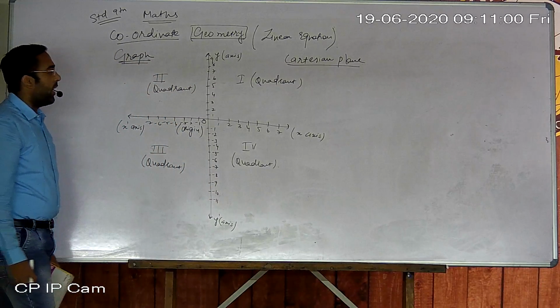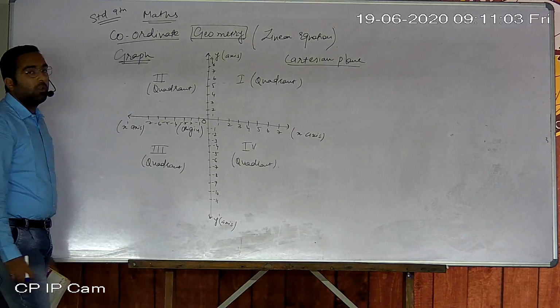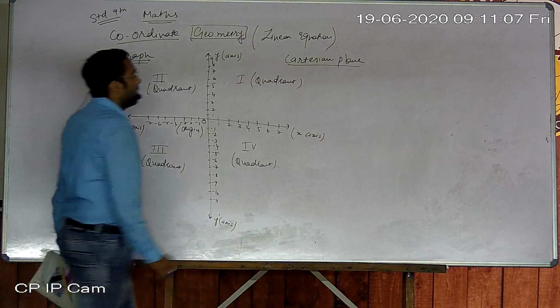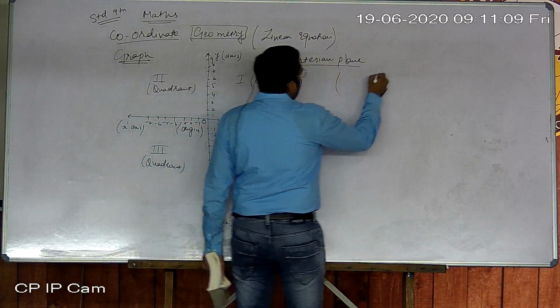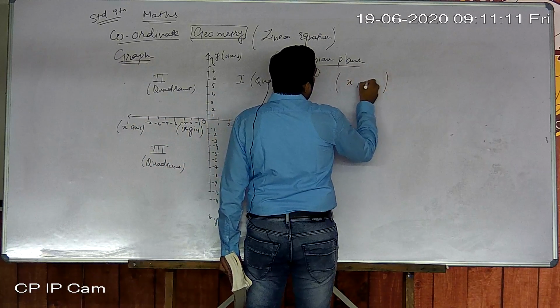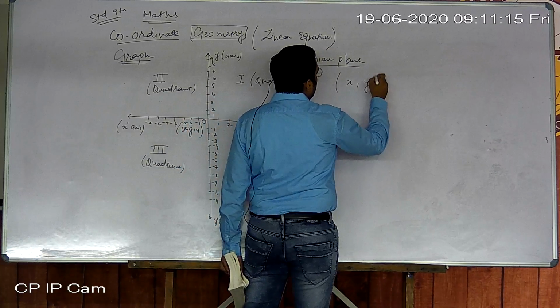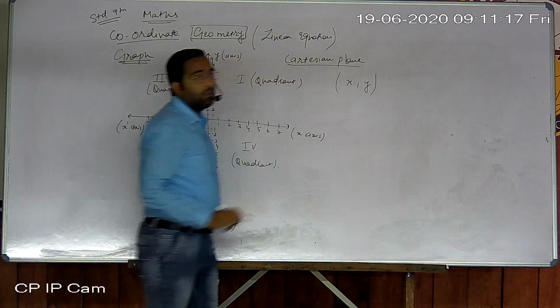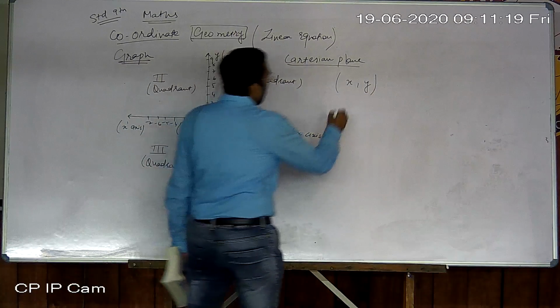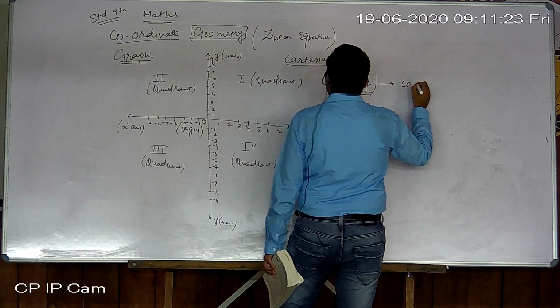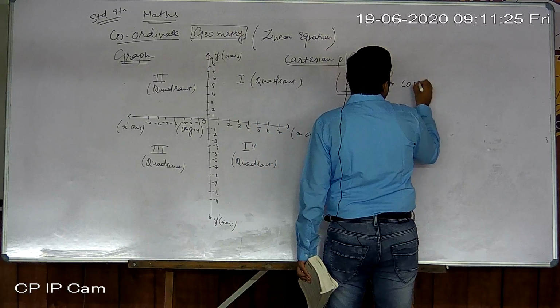So now I want to plot a point on this graph. I put the point as x comma y. This whole thing is called a coordinate.